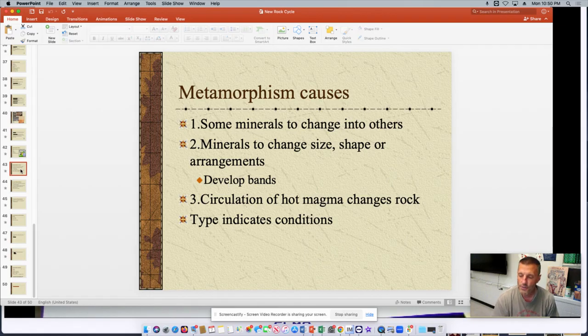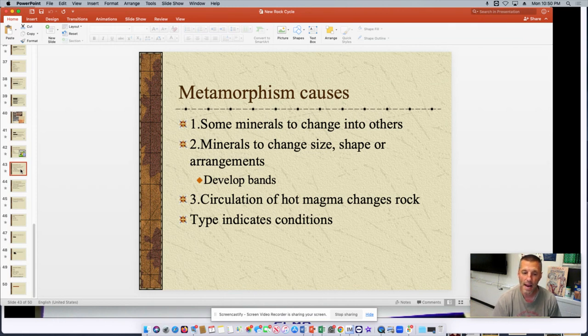Okay, so what is the heat and pressure, and what do those chemicals do to rocks and the minerals that make up rock? Well, some minerals actually change into other minerals, and in other cases, minerals can change size or shape or arrangement.